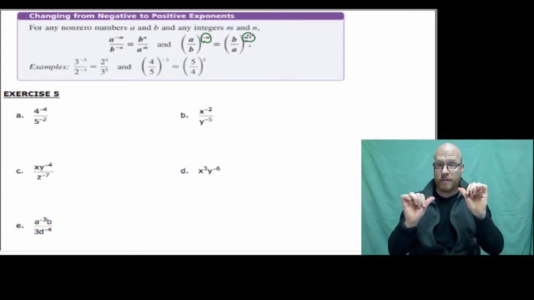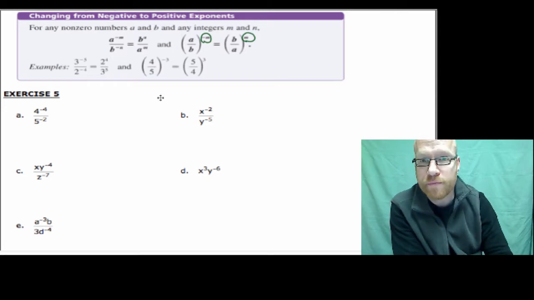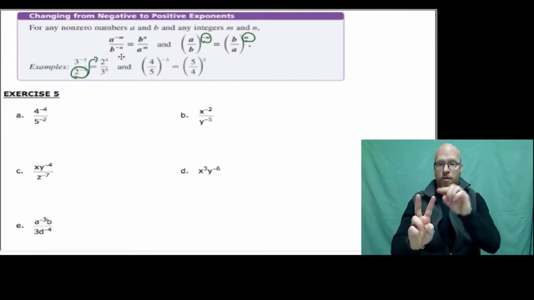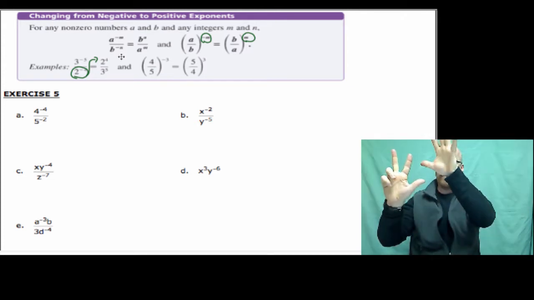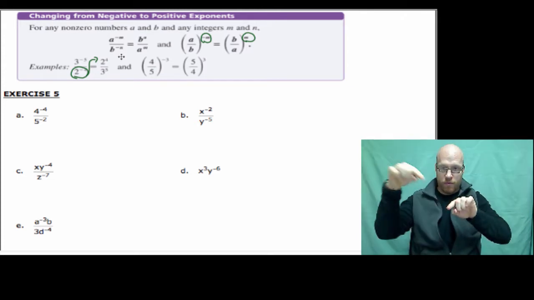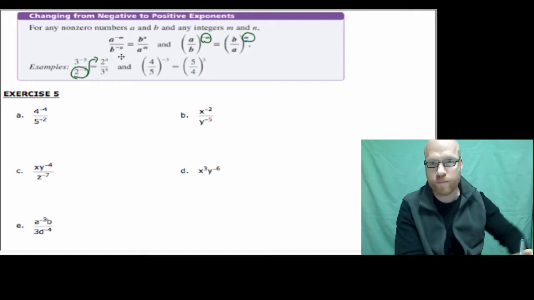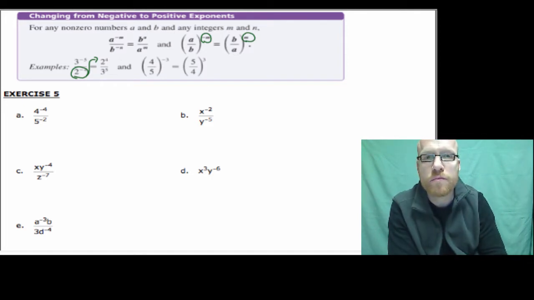Okay, so now for this example right here, that 2 to the negative 4 moved up to the numerator, and it was 2 to the positive 4. That 3 to the negative 5 moves down to the denominator, and it's 3 to the positive 5.